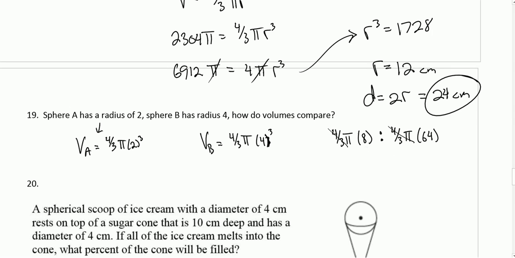You could divide both sides by 8, and you end up with 1/8. So how do their volumes compare? We can say that the volume of sphere A is 8 times smaller than the volume of sphere B.